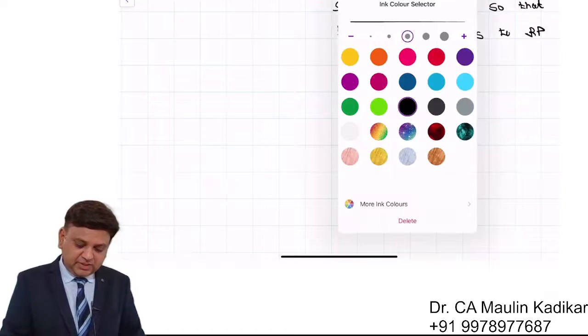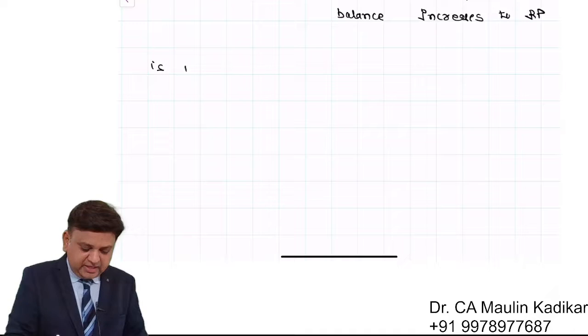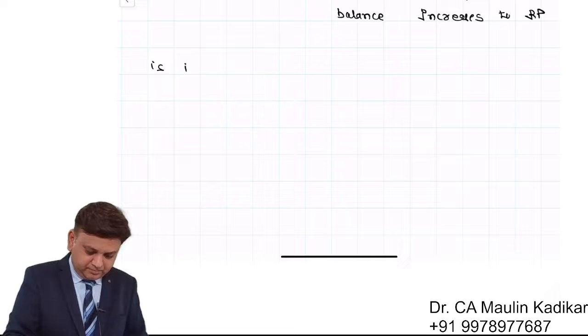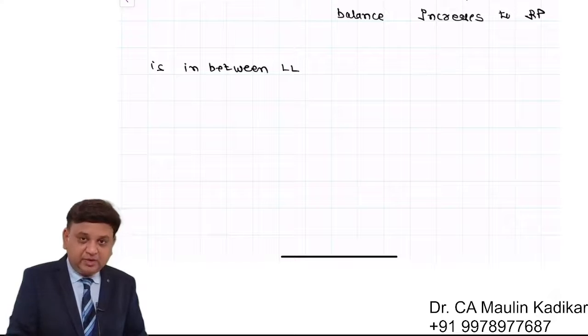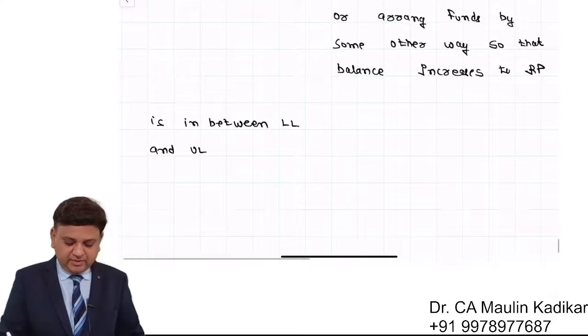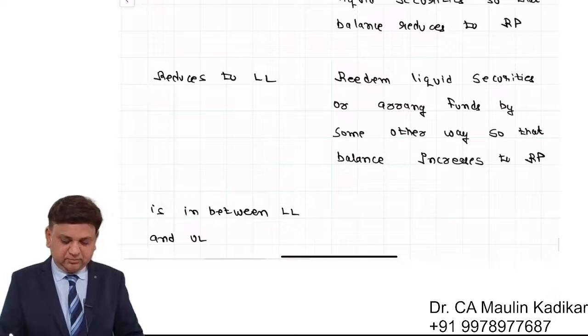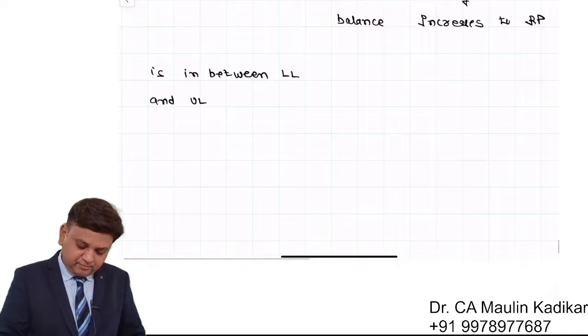Again in the cash balance column, write down is in between LL, lower limit, and UL, upper limit. So if the balance is in between both of them, no transaction.